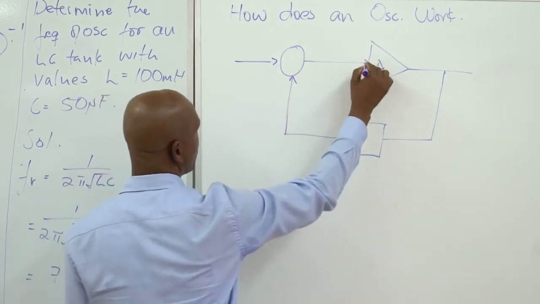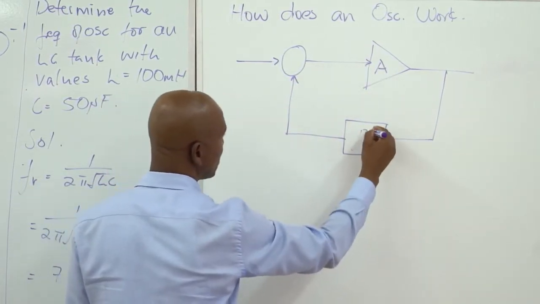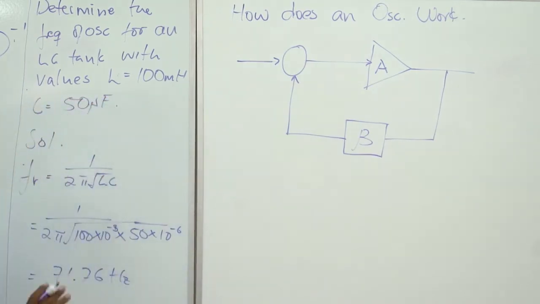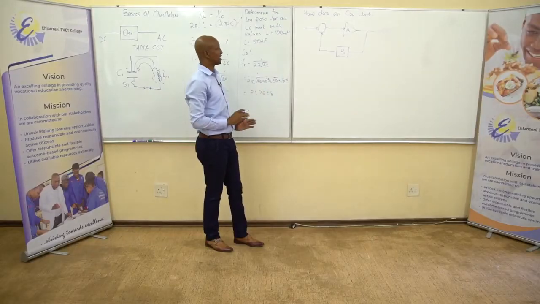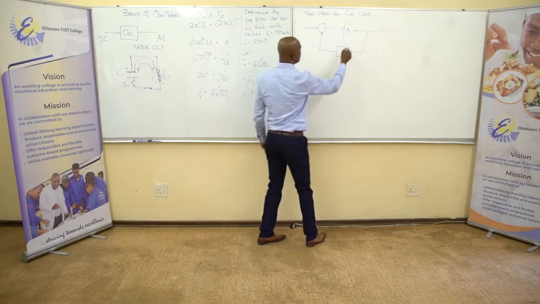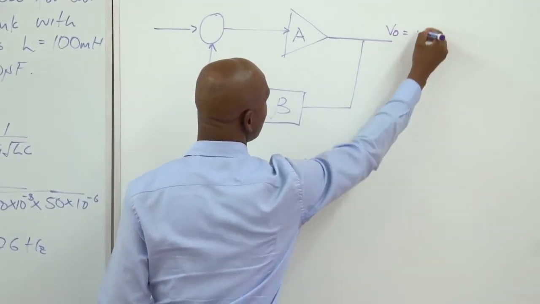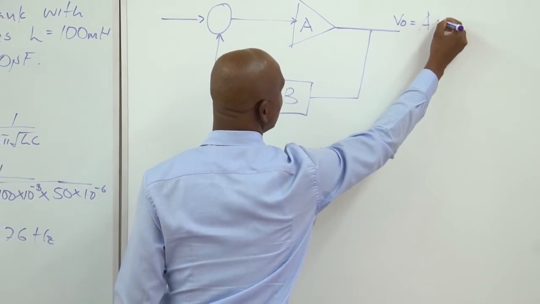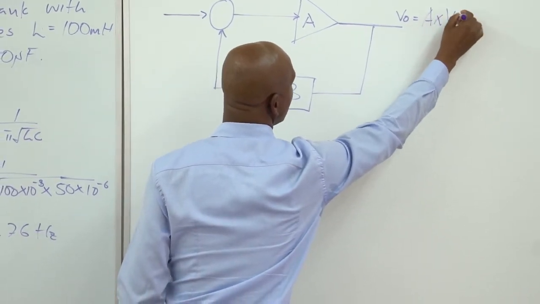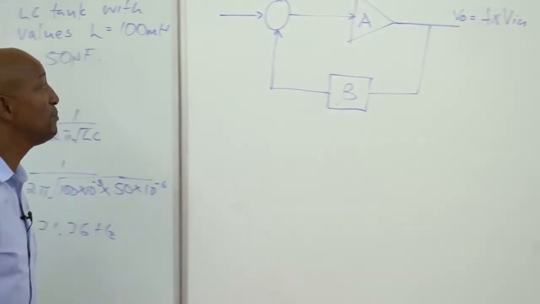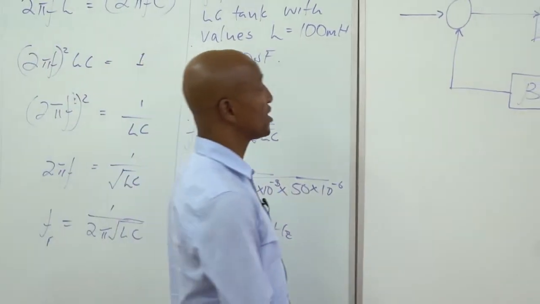So, now, we are talking of this as a block diagram of an oscillator. We know by now that for us to find V out, it shall be equal to the gain times V in, the gain of the amplifier times V in. So it gives us V out.